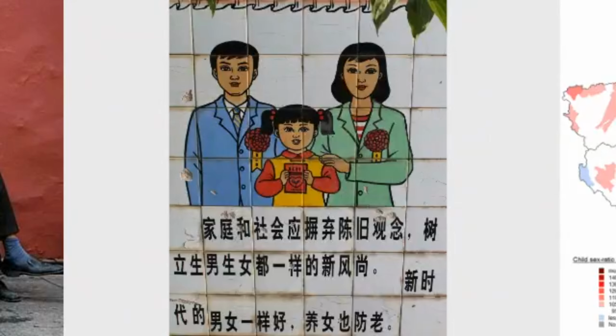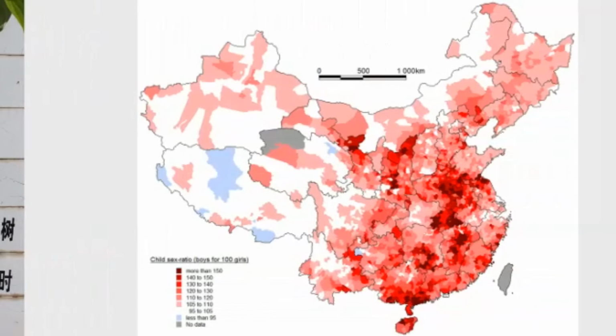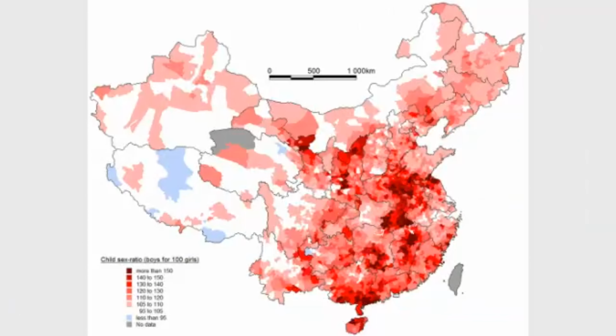So here's some propaganda in China where they're trying to convince people that having a female child is good and okay. We can see these rates, though, with the sex ratio of boys towards 100 girls. In many parts of China, we see a huge discrepancy between males and females. They actually have now an aging population of males who are unable to marry because of how many fewer females there are in society.